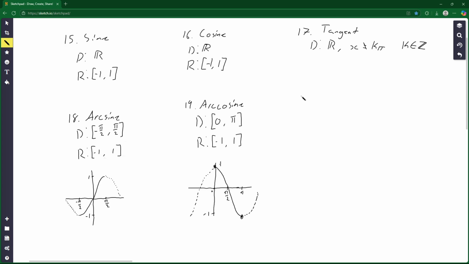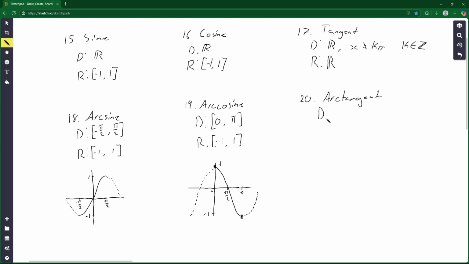Now we're going to look at number 20, which is arc tangent. Oops, I completely forgot the range for this one. Range for this is all real numbers, from -infinity to +infinity.